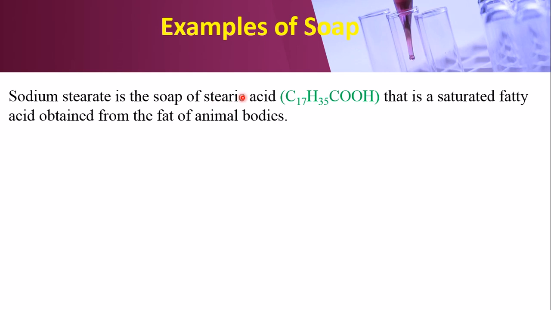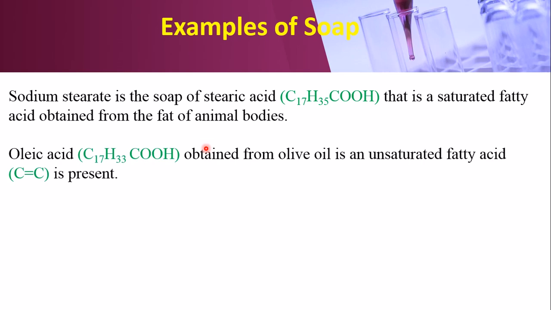Look, stearic acid is obtained from the fat of animal bodies, and this stearic acid is saturated fatty acid. And another kind of soap that is produced from oleic acid, C17H33COOH. This oleic acid is obtained from olive oil, and it is an unsaturated fatty acid because here carbon-carbon double bond is present.